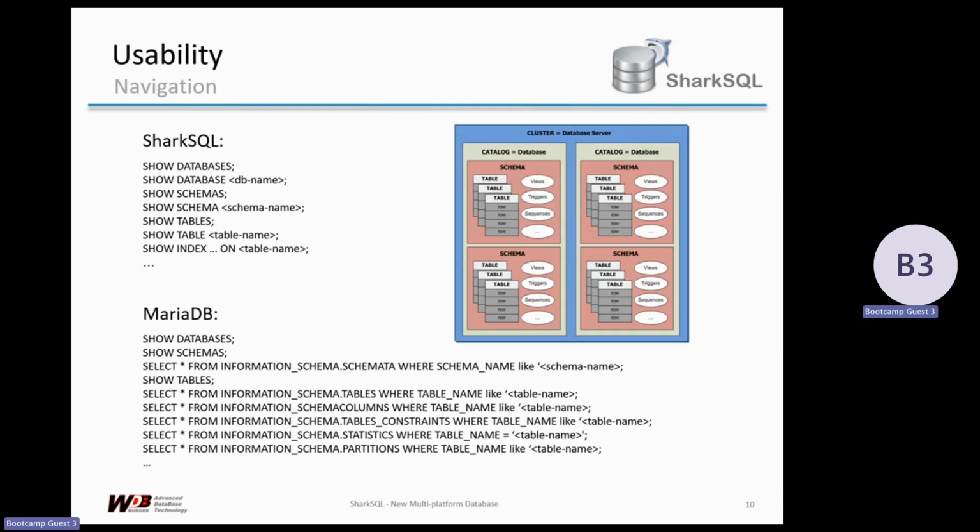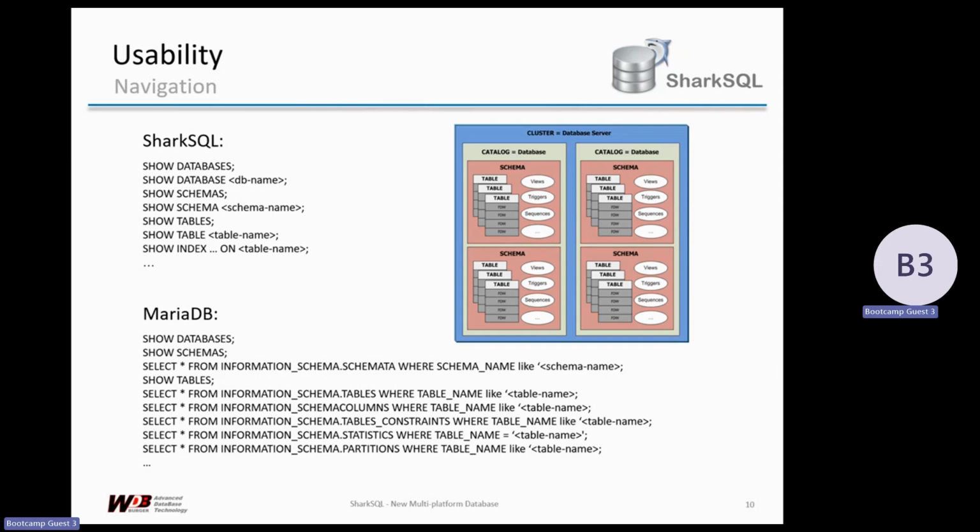The next one is usability, also navigation. Well, if you are familiar with Oracle RDB, in terms of navigation it is, from my perspective, pretty well done, because you have the show command. You say show, then the database object type and then the database object name. You get the full display of what you have configured, how it looks.